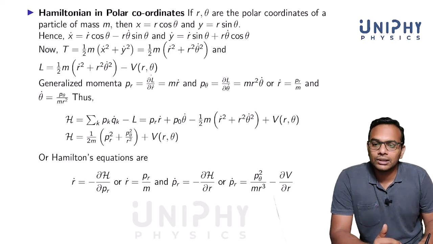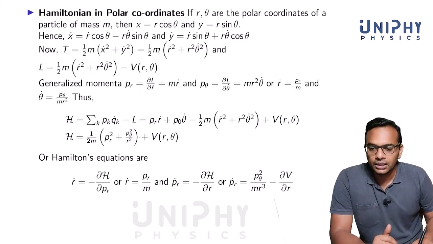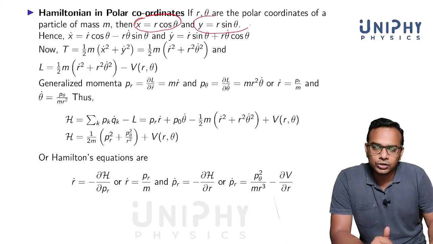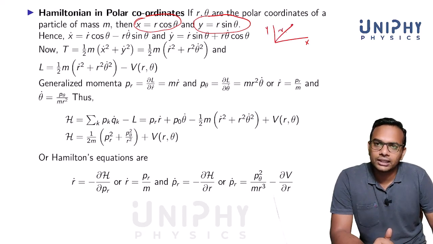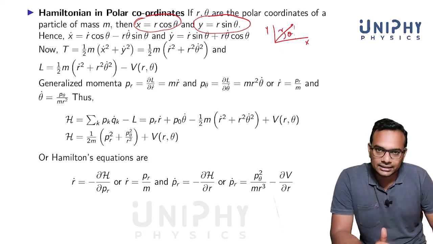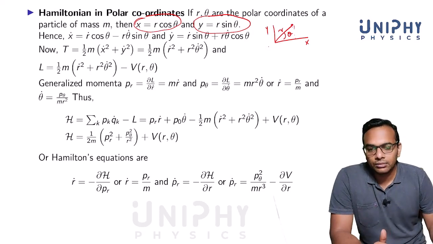Looking at the transformation equations for polar coordinates, x equal to r cos theta and y is equal to r sin theta, where r is the length from the origin to the point you want to describe, and theta is the angle.